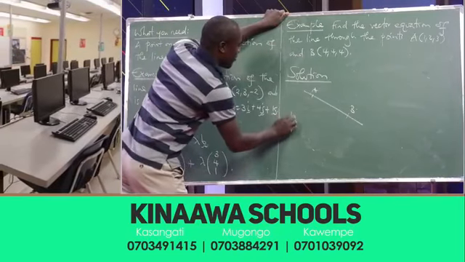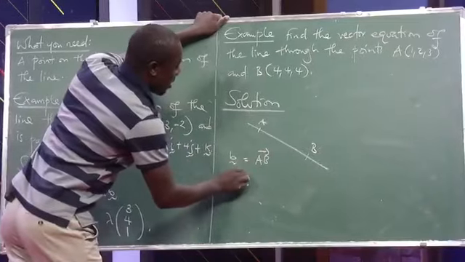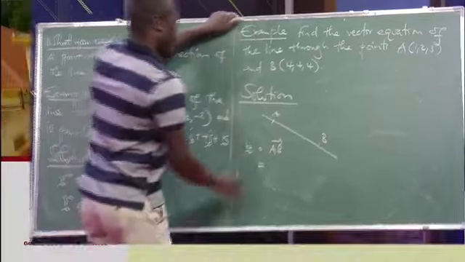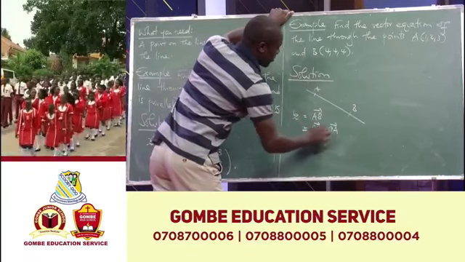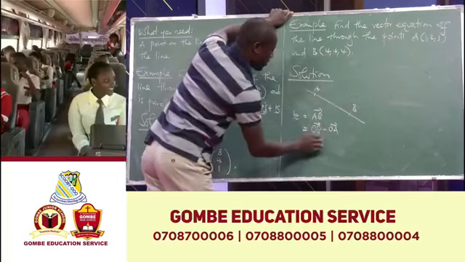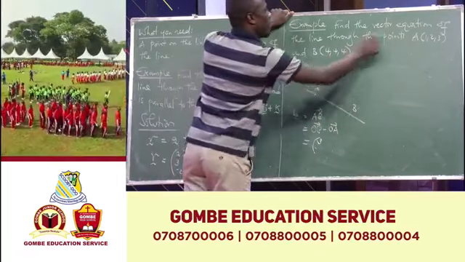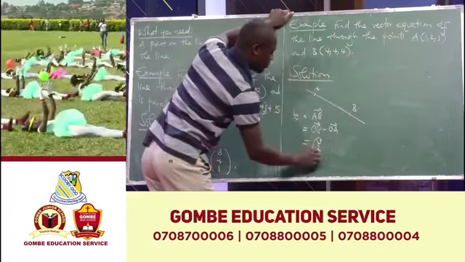So we shall have the vector B as AB, which AB is going to be, of course, OB minus OA. So we have 4 minus 1, which is 3, and 4 minus 2, which is 2, and then 4 minus 3, which is 1.